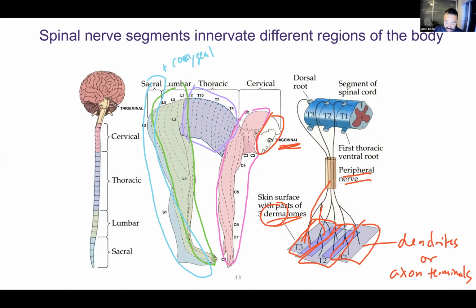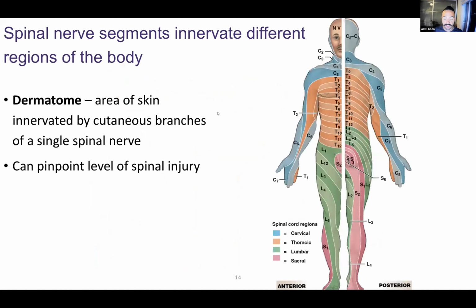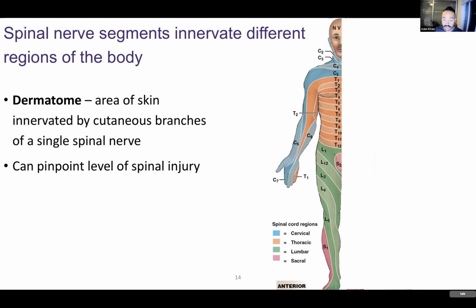So I show you this funny looking picture of a guy leaning over to help the mapping make more sense when we look at it when the person is standing straight up. Let me isolate one half. Take a look at this from an anterior view. We can see cervical in the neck area, but then in parts of the arm.